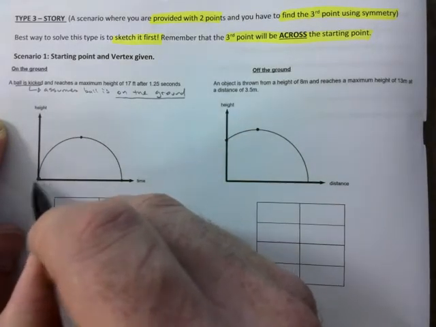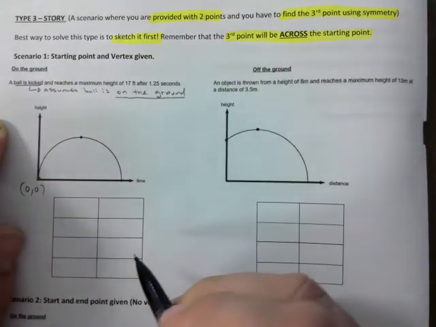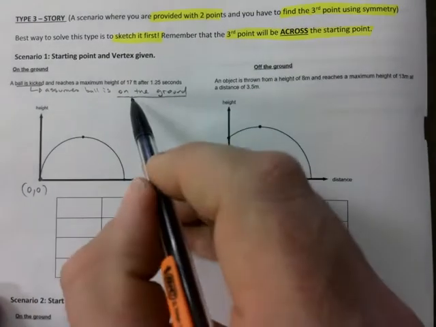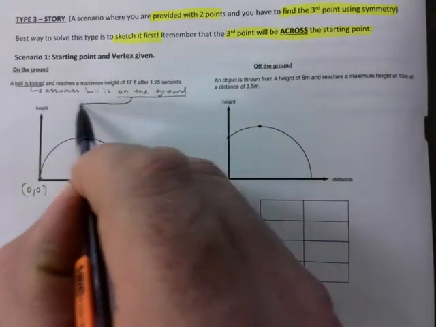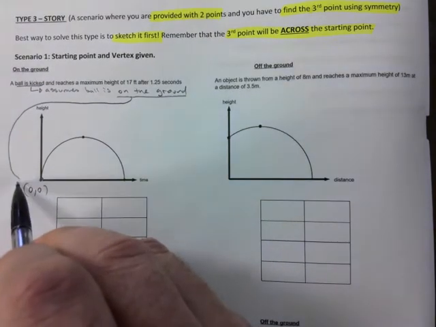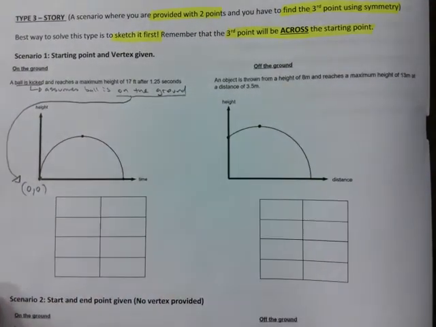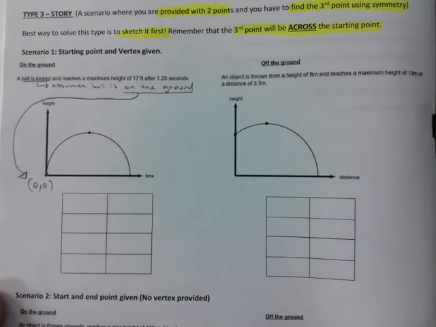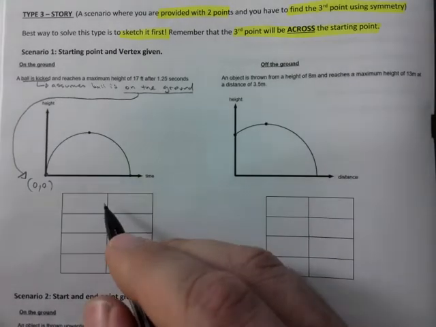So 0, 0 is very much part of your story here. I'm going to put an arrow like this. It didn't have to tell you that. You just have to interpret the question, and there it is. 0, 0 is right there.